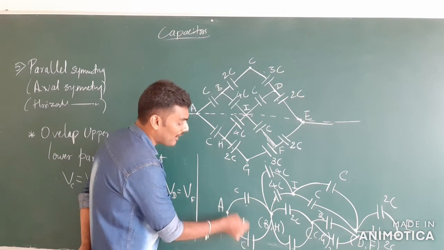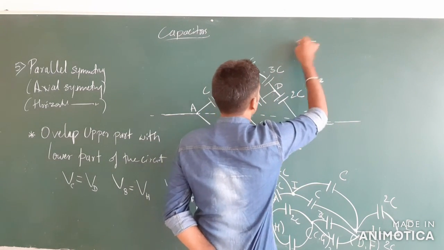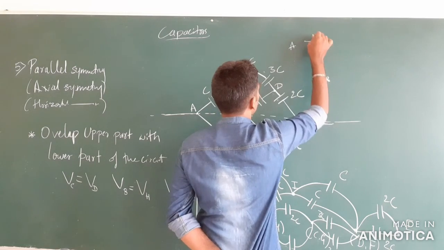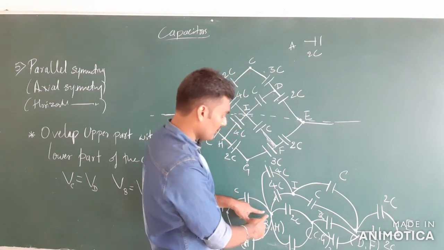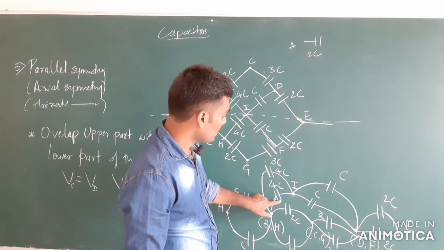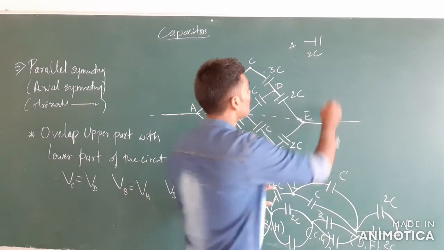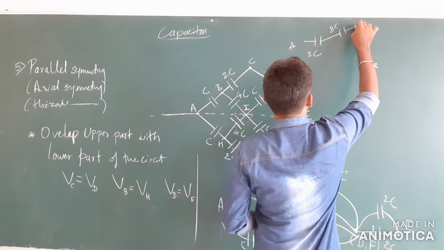C and C in parallel is 2C. I'll reduce it again. From A, it is 2C. And in the same way with this, from B to I, 4C and 4C in parallel together make 8C to I.